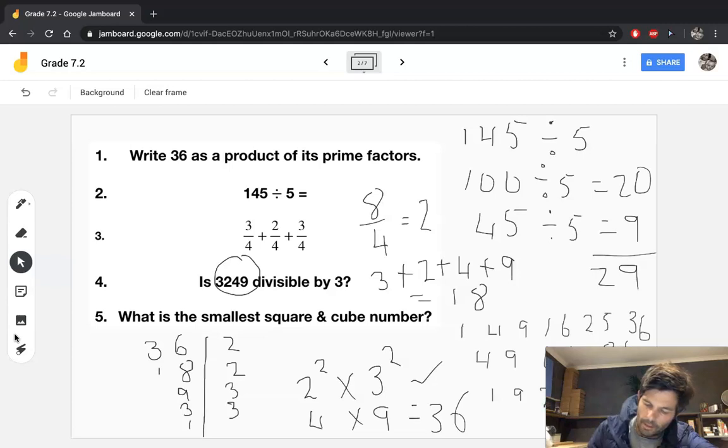There you can see the smallest number that is both a square number and a cube number is 64.